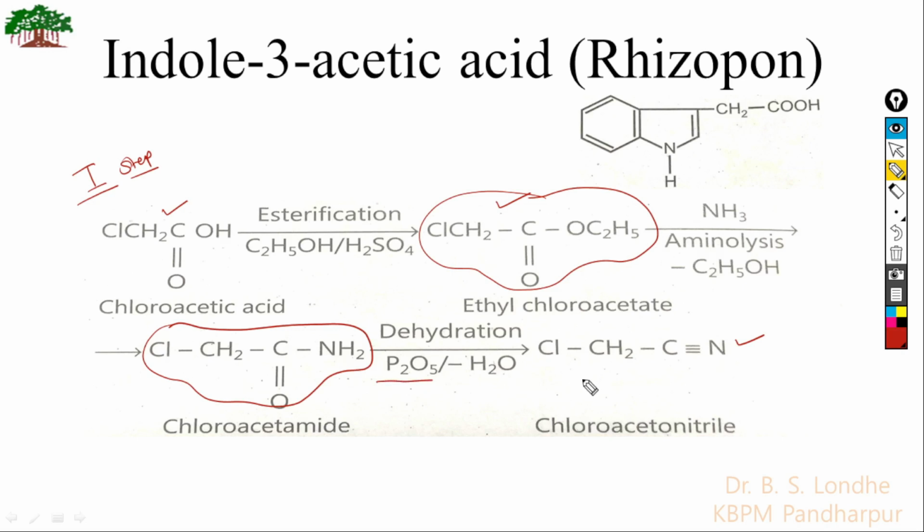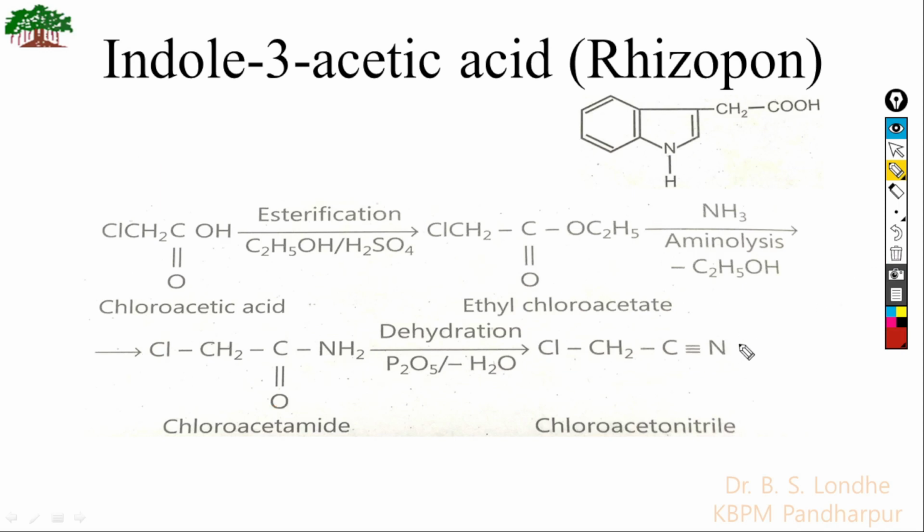And finally, in the first step, we get chloroacetonitrile. This is the structure of chloroacetonitrile. So first step is also named as formation of chloroacetonitrile or synthesis of chloroacetonitrile.